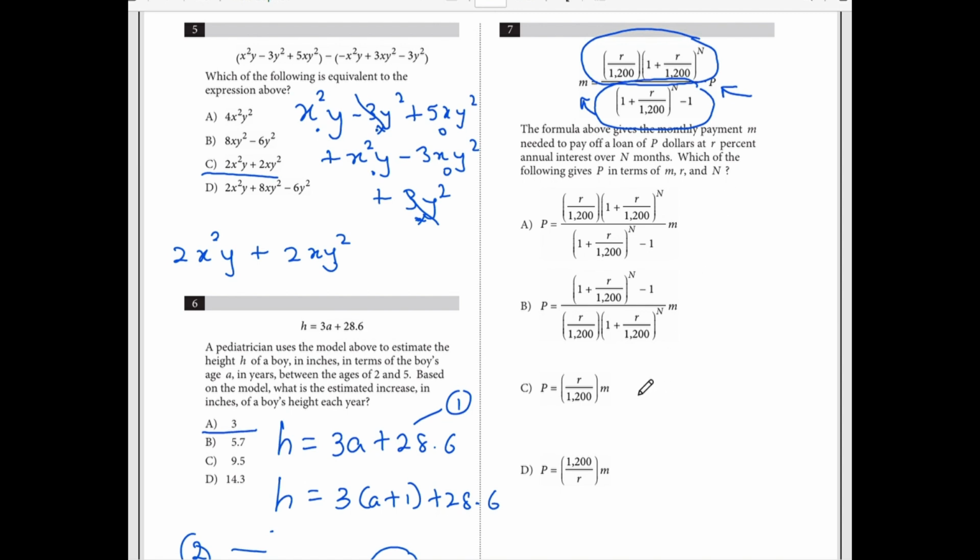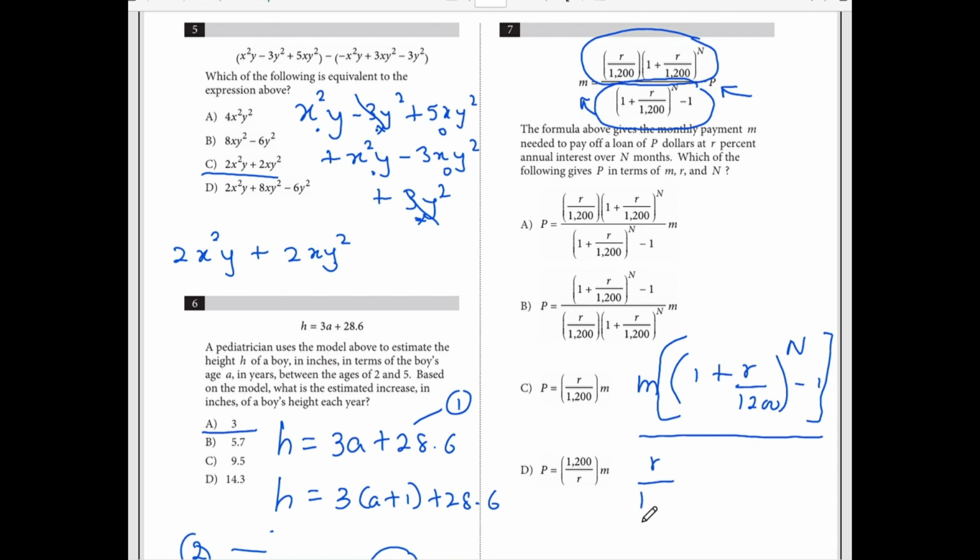Then M into 1 plus R divided by 1200 to the power n minus 1. This is the denominator block, and numerator comes down as another block.